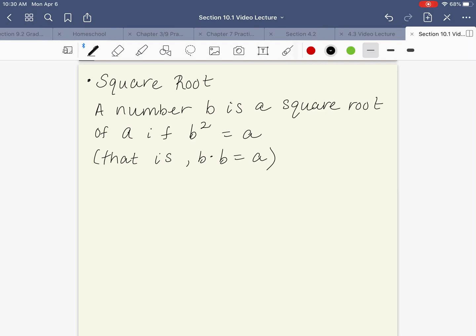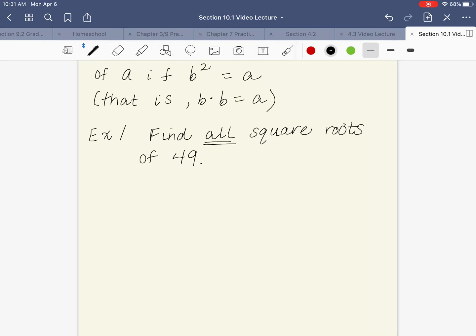All right, so finding the square root of a number: if I take the square root, it's what times itself gives you the number under the radical. So for example, if we want to find all the square roots of 49, that means what times itself gives you 49.